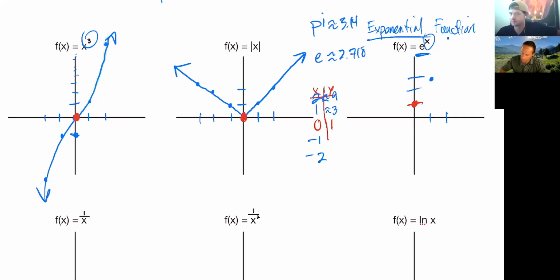But careful, what happens when I plug in negatives into exponents? Which is why we call this an exponential function. Do you guys remember what happens when we have 3 to the -1? It's smaller.